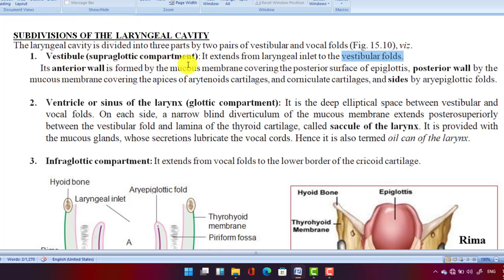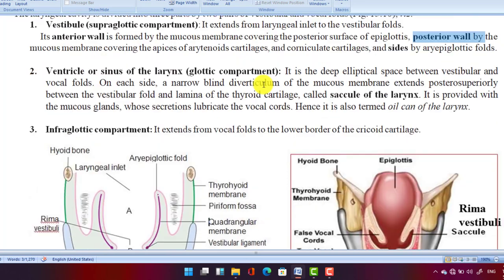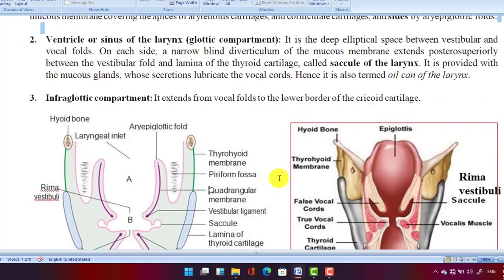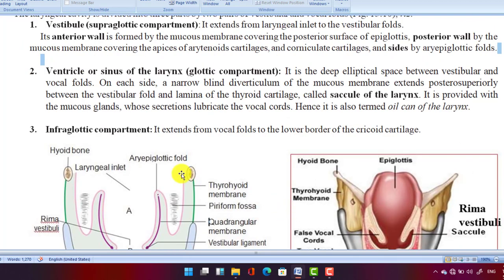Its anterior wall is formed by the mucous membrane covering the posterior surface of the epiglottis. Its posterior wall is formed by the mucous membrane covering the apices of the arytenoid cartilages and the corniculate cartilages. On the sides there are the aryepiglottic folds. These are not such important points, but we should remember the three important regions.